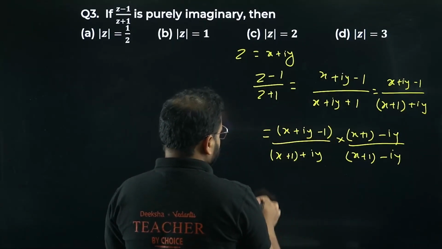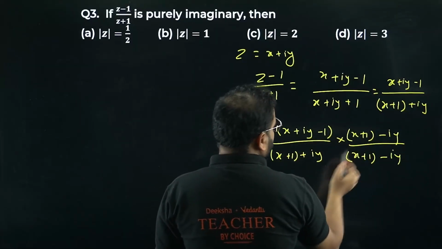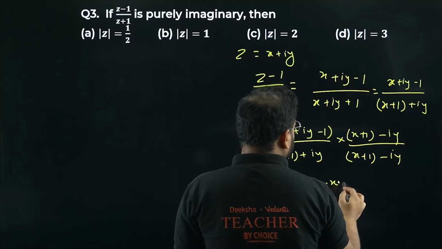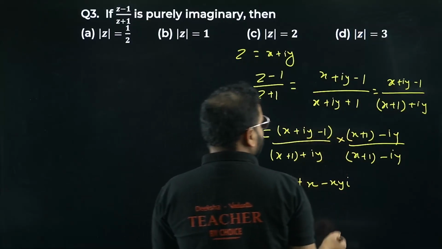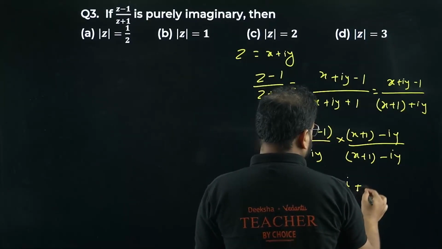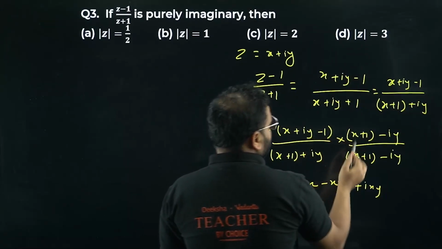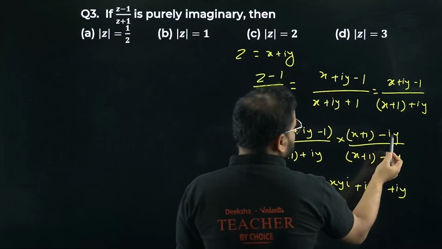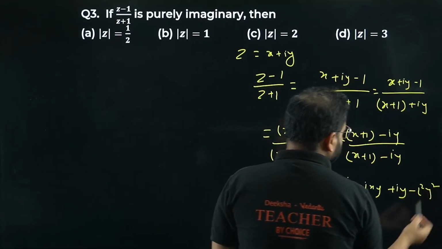The numerator is x into x, so x square, x into 1, so plus x, x into minus iy, so minus xy times i. Next I multiply iy with this, you get plus ixy, iy with 1 will become plus iy, and iy with minus iy will become minus i square y square.